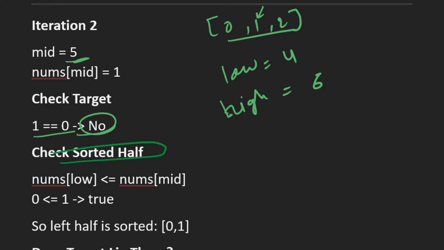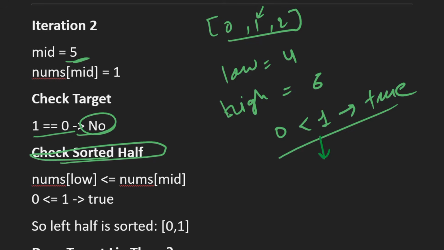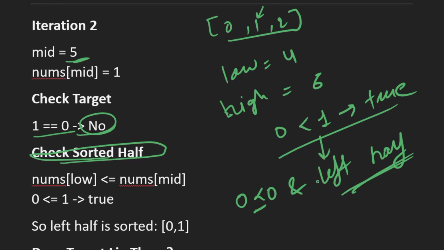Then we find the sorted half. So 0 is less than 1. True. That means the sorted half is the left half. So we try to find whether our target lies in the sorted half. So we check whether 0 is less than or equal to 0, and 0 is less than 1.